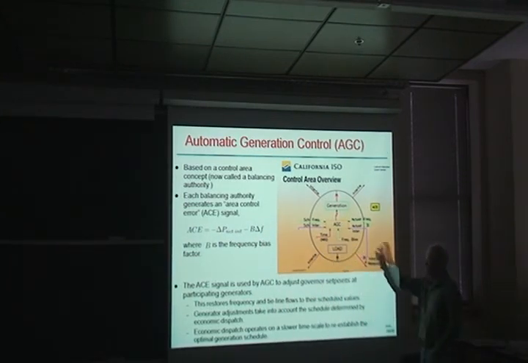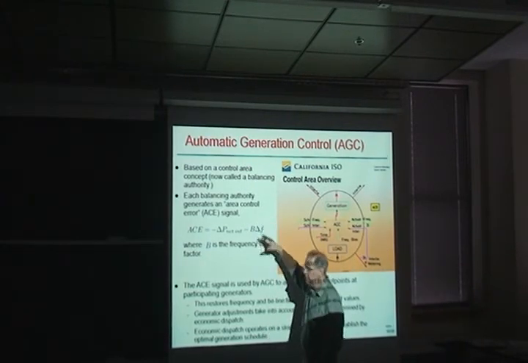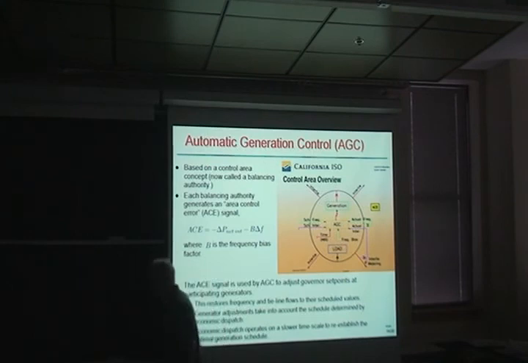And then it takes this, what's called area control error, and that goes through a PI controller to produce a change in the generation within that area. So it's an up-down pulse that gets sent out to the participating generators.